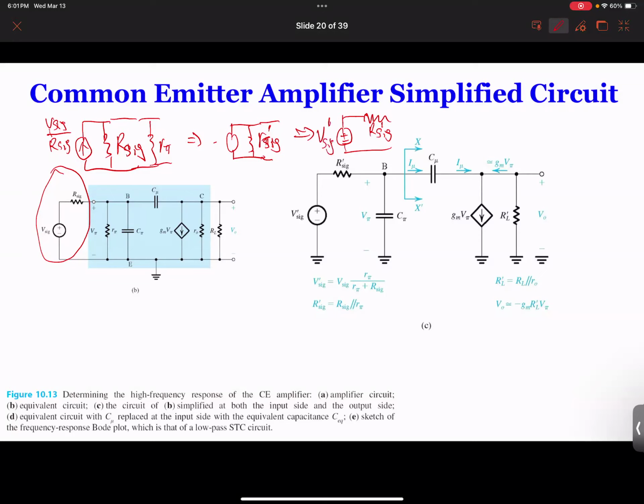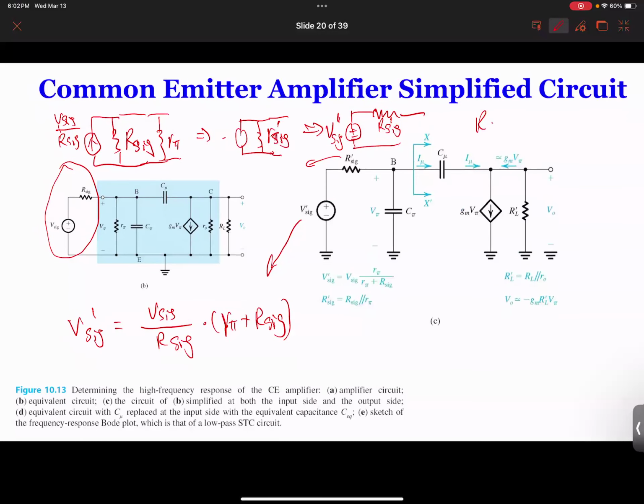However, this voltage is no longer VSIG, because this voltage prime is that current, VSIG divided by RSIG, multiplied by R pi plus RSIG. And this RSIG prime is RSIG in parallel with R pi.